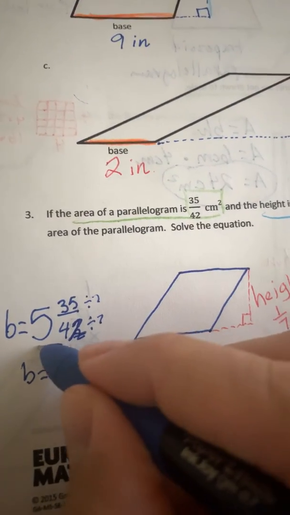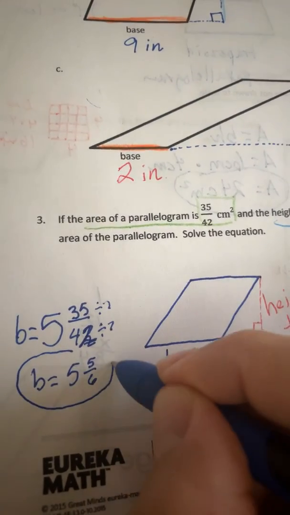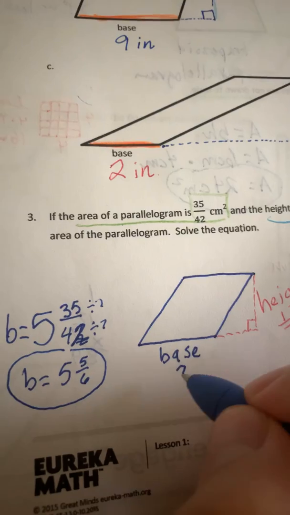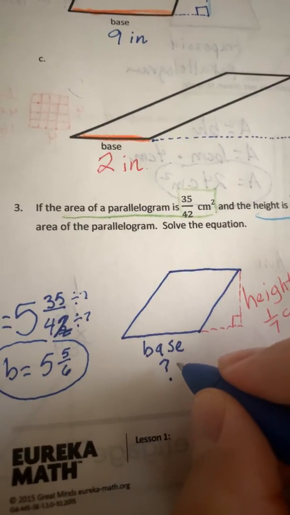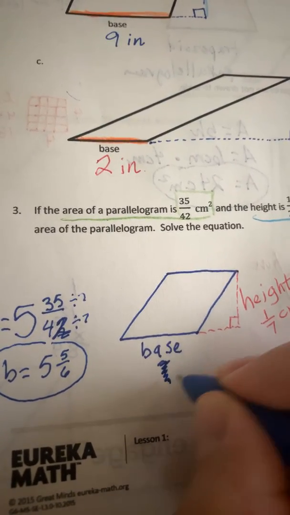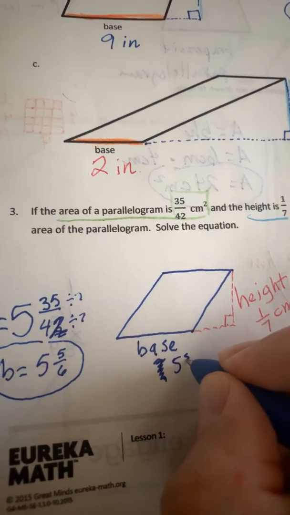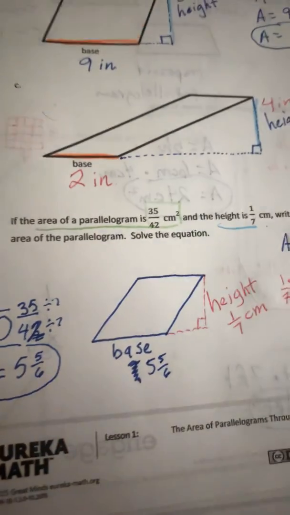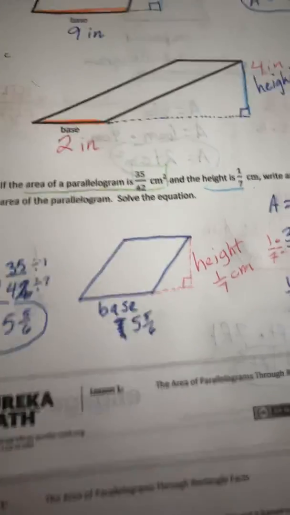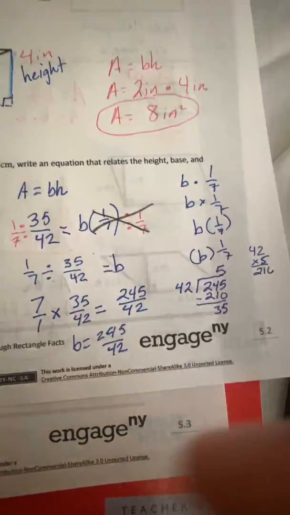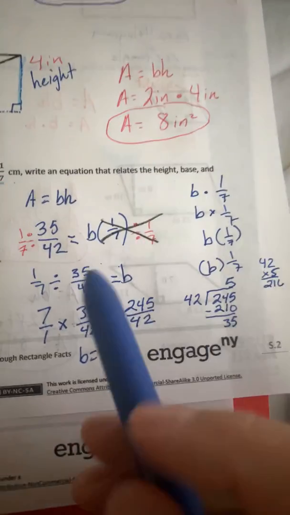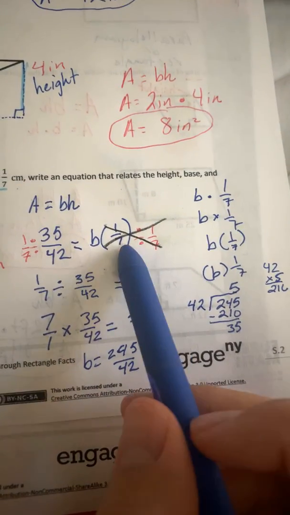So finally, we figured out that the base right here, this question mark, is no longer a question mark. And it's actually the base is 5 and 5/6. And that's how you find it. It's a very long process, okay? Hopefully this video helps you with that. The hardest part is this right here, okay?